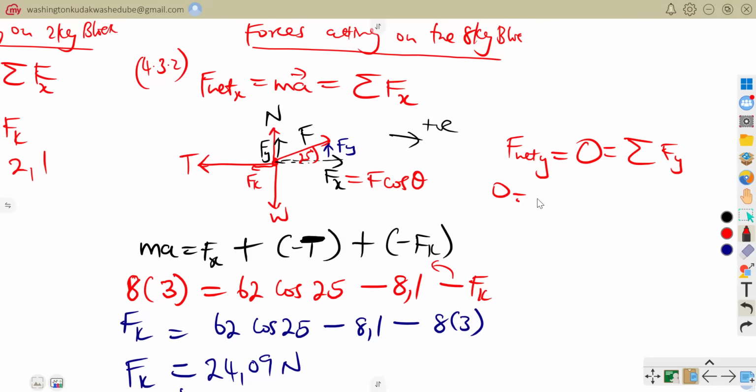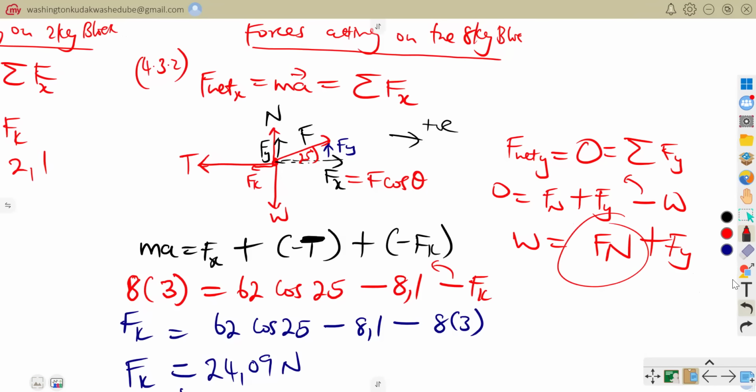Now, all forces in the y direction, I've got my normal force. Let me take up as positive. I've got my normal force there, plus my Fy that I have, minus my weight. So you can see that if I transpose this to the other side, I would have my weight being equal to my normal force plus my Fy.